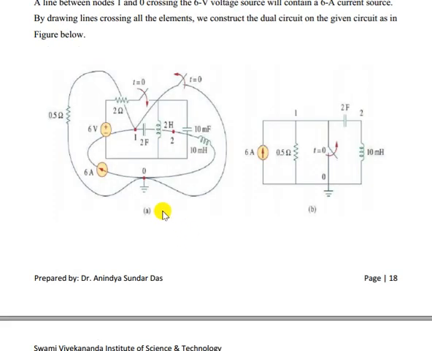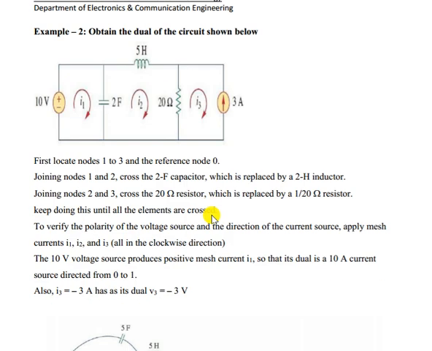Similarly, between 1 and 2 we have an inductor, and between 2 and 0 we have this inductor, which converts to capacitor. Between 2 and 0 the capacitor is converted to inductor. Now here we have three branches, so those three branches come into the picture in parallel between 1 and 0.